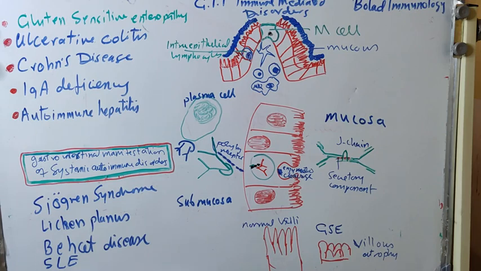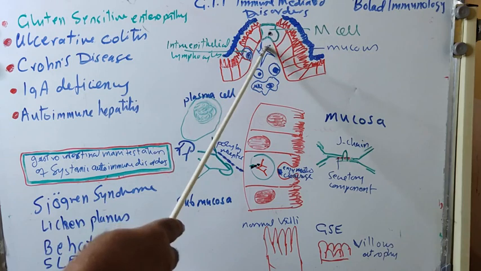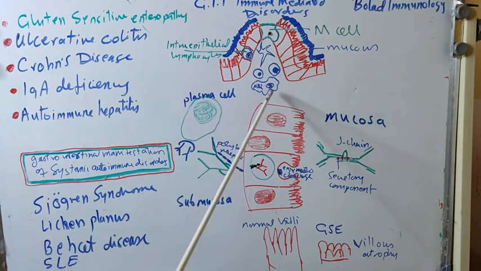So now I am going to talk about the IgA deficiency. As I mentioned before, IgA is produced by the plasma cell within the submucosa, and the M cells allow the antigen to pass, and they are encountered by the dendritic cell and macrophage as antigen presenting cell.